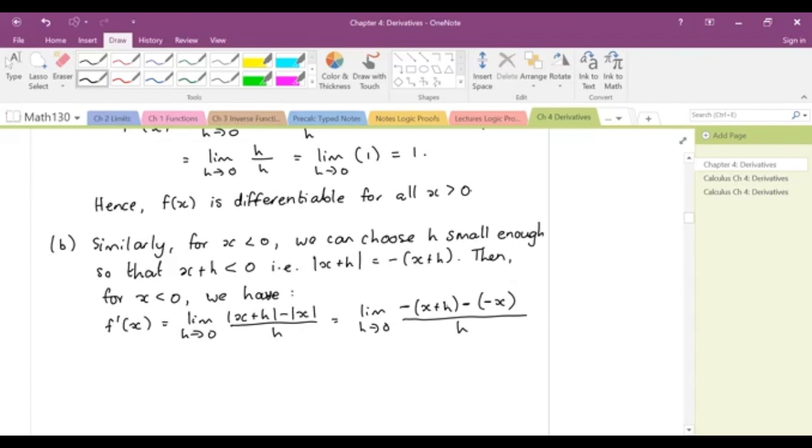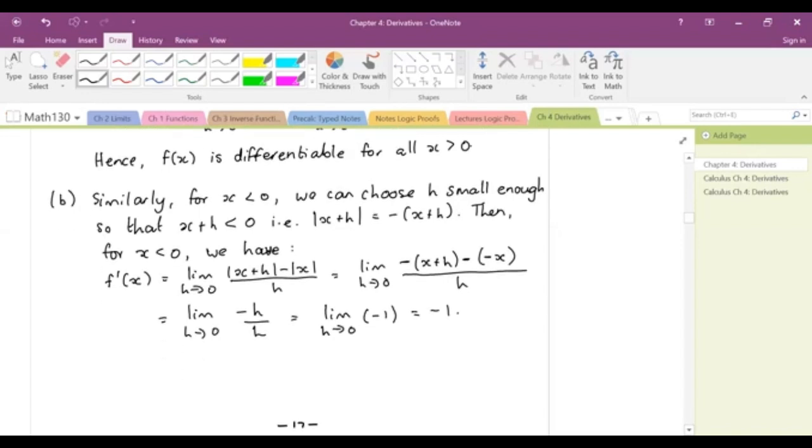The x's cancel, and we get left with the limit as h tends to 0. In the numerator, we'll get minus h over h. So that is the limit as h tends to 0 of minus 1, which is just minus 1.